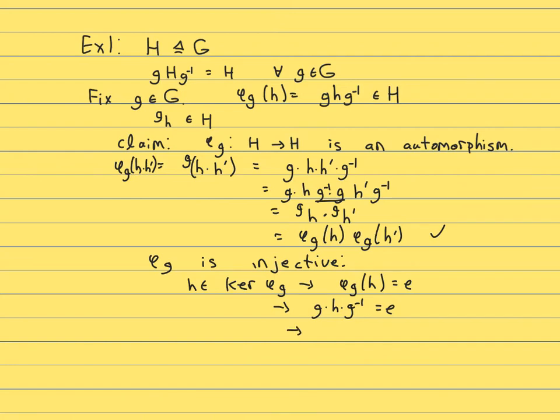Well, you can solve for H by multiplying on the left on both sides by G inverse, and on the right on both sides by G, so that you can cancel out. And what do we get? We get that H is equal to G inverse times E times G. Oh look, it's just G inverse times G. It's the identity element. So the only element in the kernel is the identity. So the kernel is the identity, the trivial subgroup, and therefore phi of G is injective.